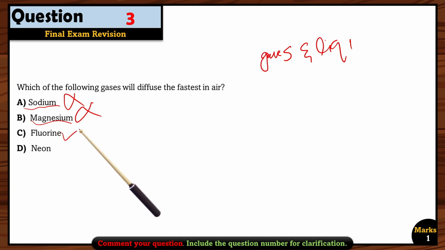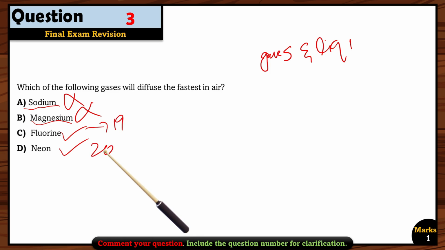So you are left with only two options, fluorine and neon. One belongs to group 7 and the other belongs to group 8. If you see the mass in the periodic table, fluorine has a mass of 19 whereas neon has 20. So many students usually choose fluorine in this option. That is wrong. Why? Because you have to remember how these elements are present in nature at room temperature.